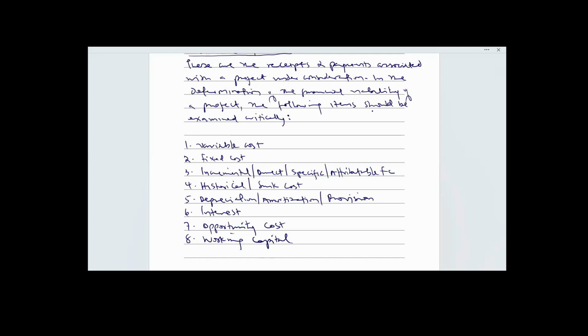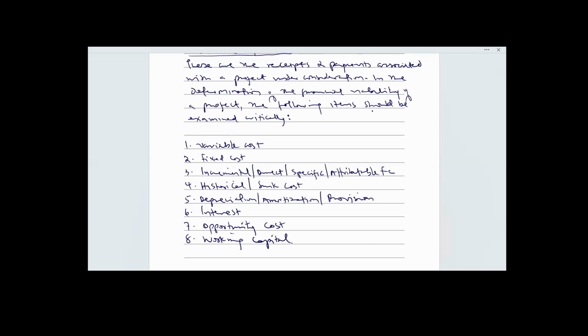The third one is that you may be told that fixed cost, excluding depreciation, is 10,000 naira. The examiner has told you that this fixed cost excludes the non-cash item. Therefore, if you are given fixed cost that excludes depreciation, that fixed cost is relevant. You have to account for it. So those are the three ways the examiner can test you under fixed cost.